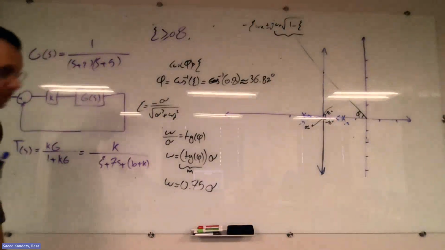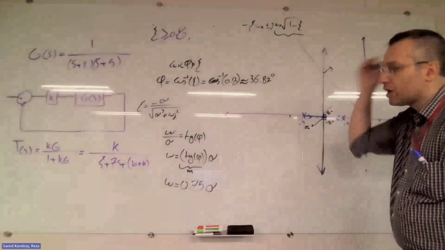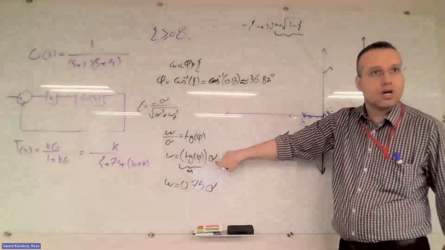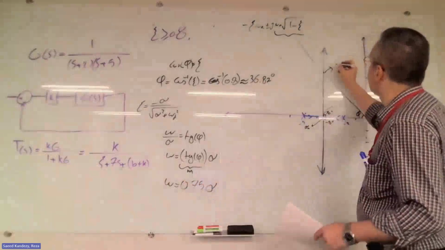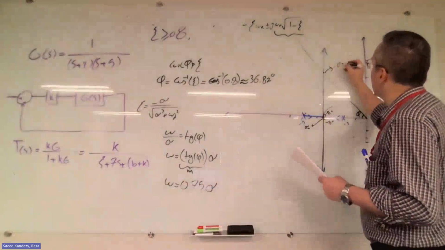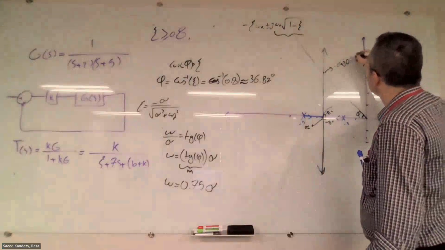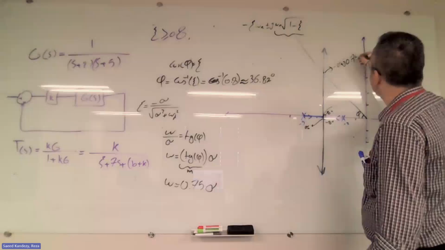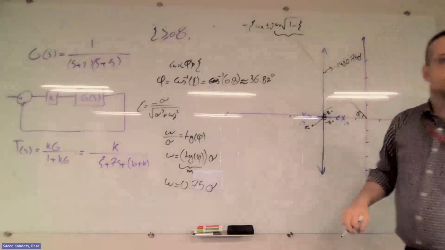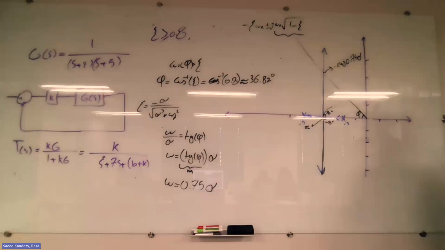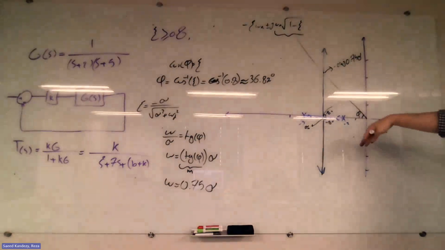Are we good? So this specific point is a complex number. The real part is minus delta. The imaginary part is omega. So this one is going to be minus delta plus J 0.75 delta. Are we good? This is going to be the pole. We find that based on the tangent.